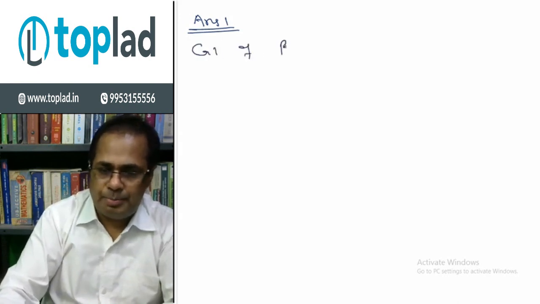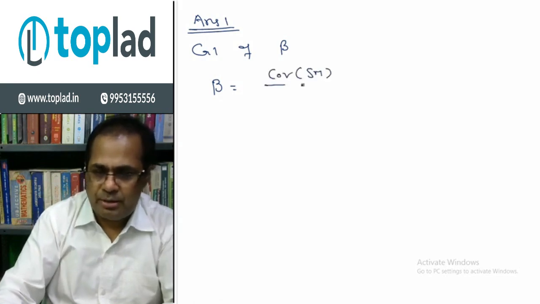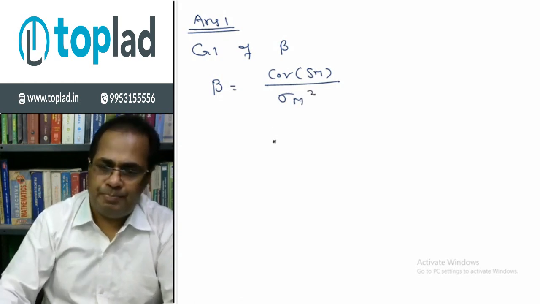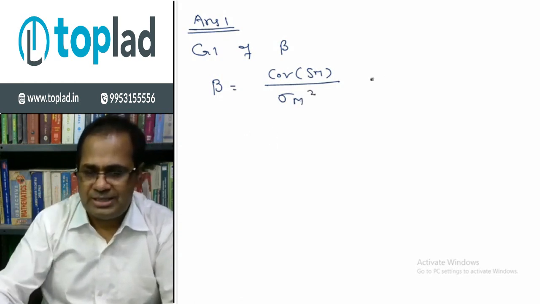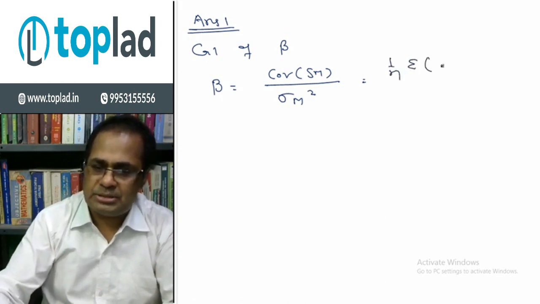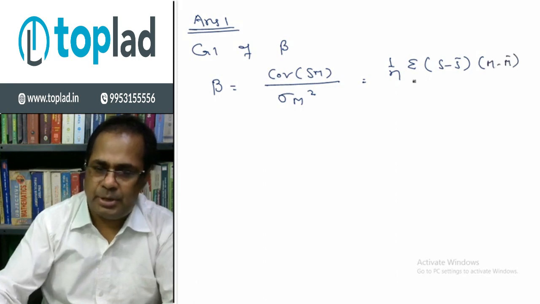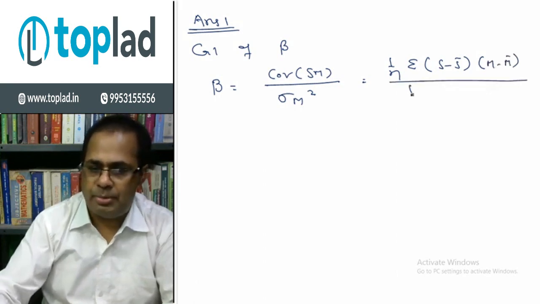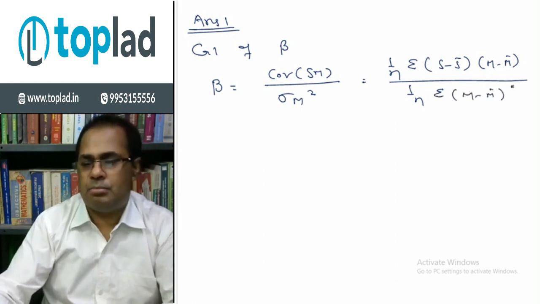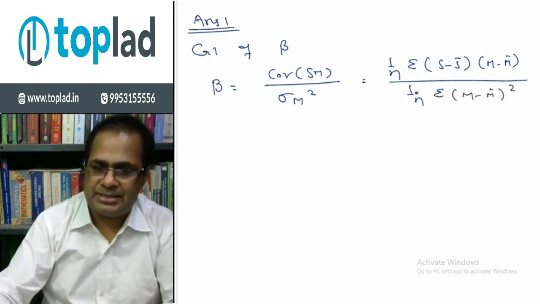Calculation of beta. Beta equal to covariance of security and market divided by variance of market. Covariance is 1 upon n summation s minus s bar m minus m bar, divided by 1 upon n summation m minus m bar whole square. The 1 upon n gets cancelled.